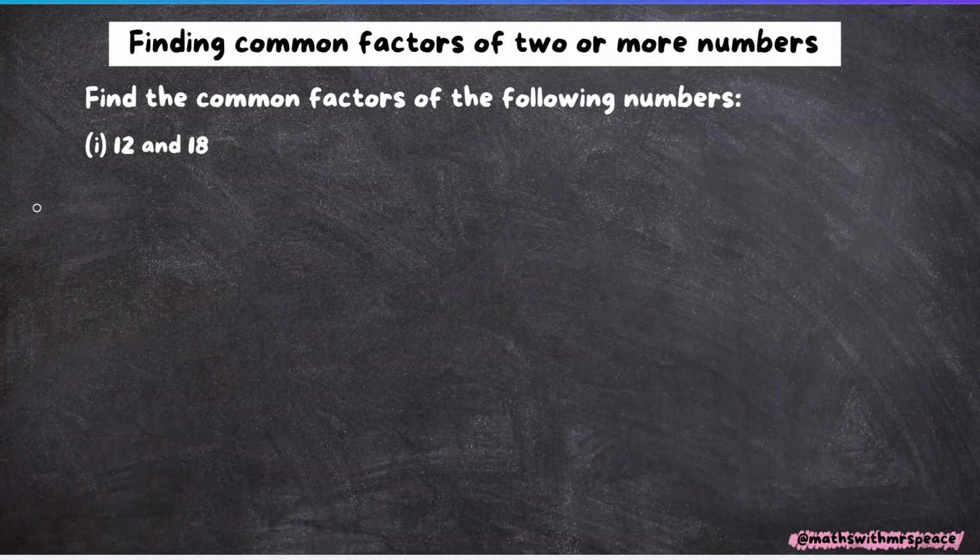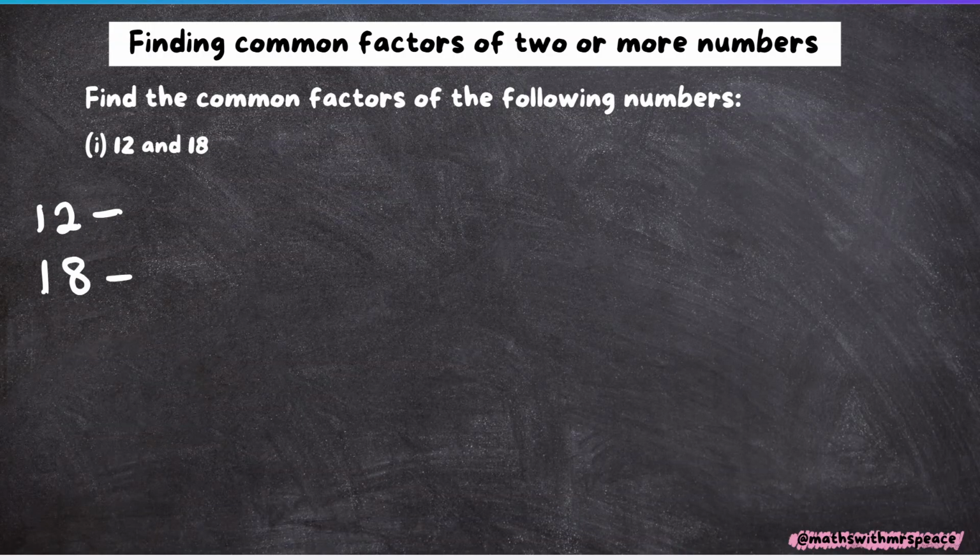Now, remember that in our previous lessons, we learned how to find factors of given numbers. So if you haven't seen that video yet and you don't know how to find all the factors of a given number, you can do well to check it out so you understand how we are able to list the factors that we'll be listing now.